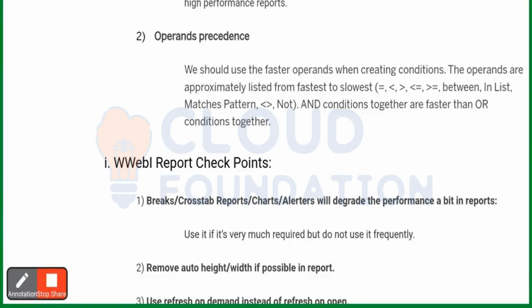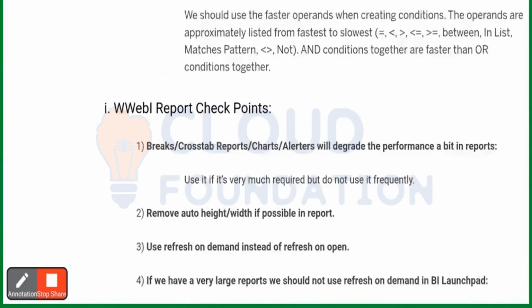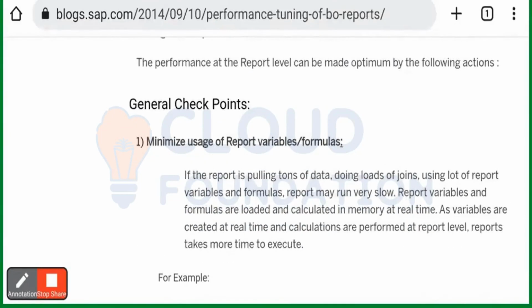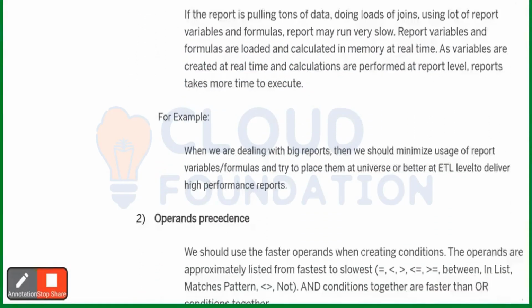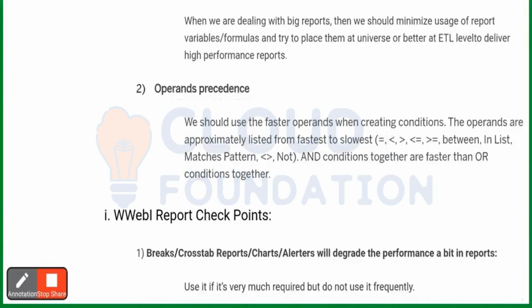Otherwise, we think every operator is the same, every operation is the same, but that is not the same here. This is a general checkpoint we can do: check the variables and formulas, and check the operand precedence. That is one.